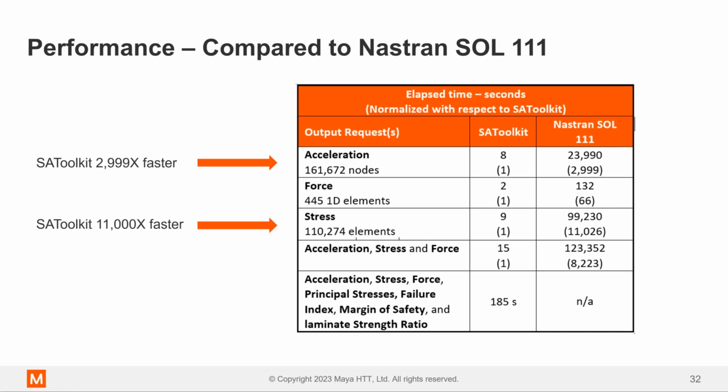For stresses, we're talking seconds compared to minutes or hours. And when you're trying to pull other information like failure indices, margins of safety, laminate strength ratios, you can't even do that with the standard Nastran Solution 111. And although we're not under 10 seconds anymore, we're still only looking at about 3 minutes to grab all that in one random analysis run with Structural Analysis Toolkit.